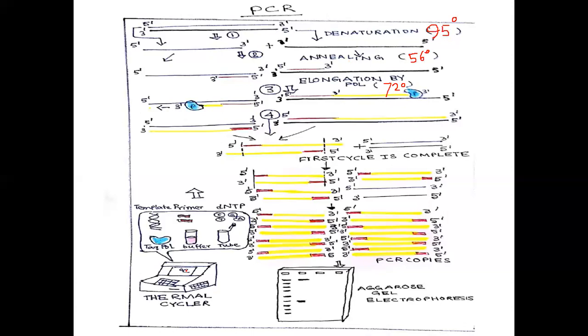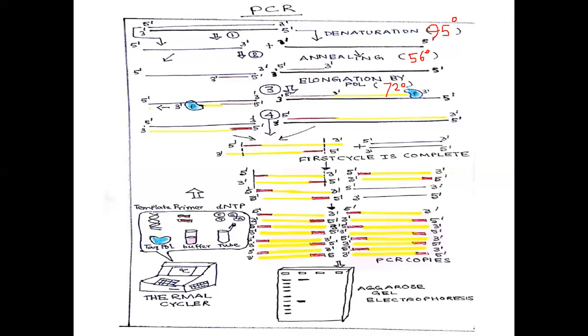First we have to make this double-stranded DNA into single-stranded. Once it has become single-stranded, we anneal the primers, which are complementary to the flanking sequences of our target site, and for this a particular temperature is important. The temperature suitable for annealing is called Tm.